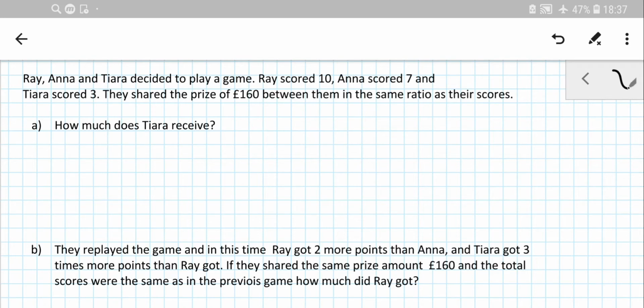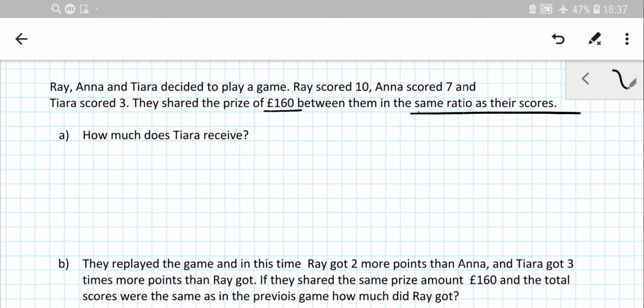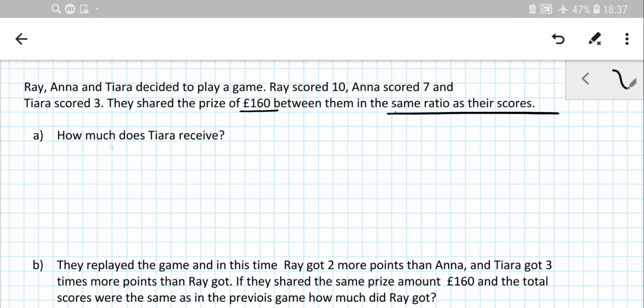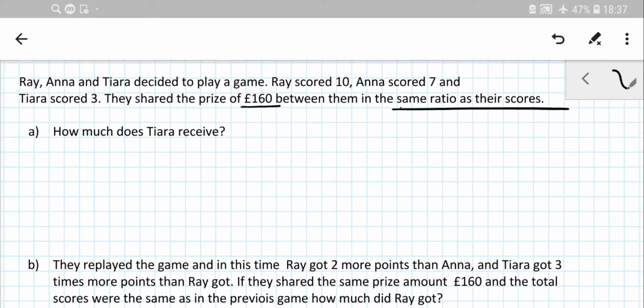So the keywords here are the score for each person, and that they share the prize between them on the basis of... what's the basis here? The basis is the same ratio as their scores. They're asking how much Tiara receives.